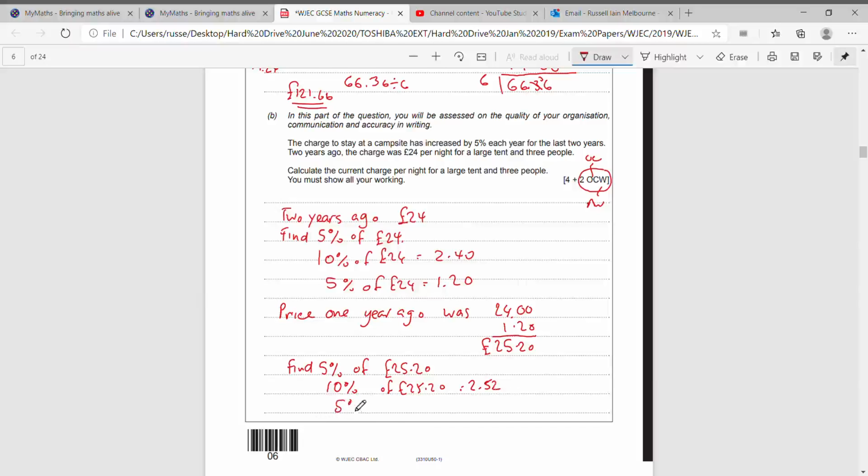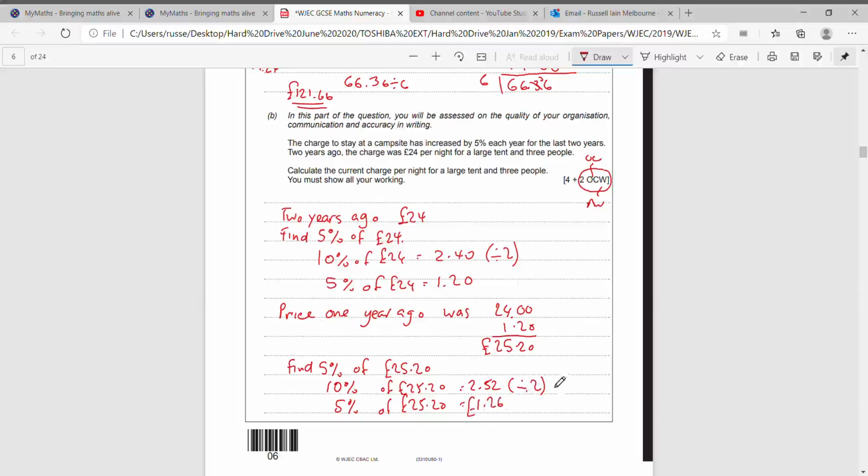So 5% of £25.20. Maybe I should, I haven't, but I'm going to tell the examiner what I'm doing, and then divide by 2. Make sure you put the brackets there, because 10% of £25.20 is not £2.52 divided by 2, so I need to make sure I'm clear with the examiner. But anyway, that's £1.26.